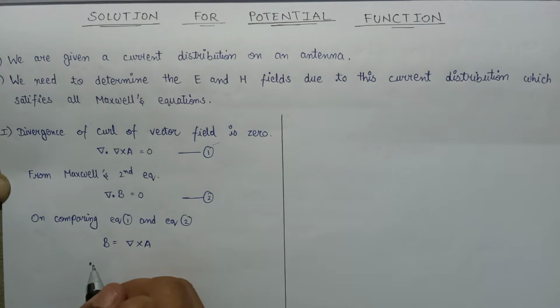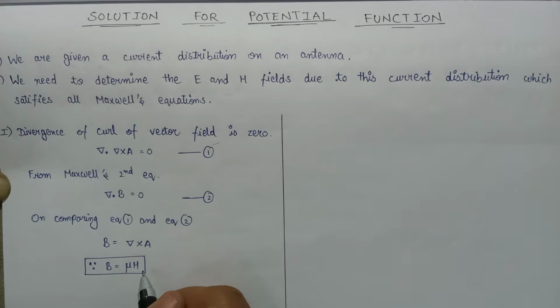And we also know that the value of B is nothing but the product of mu and H. So from this we can easily say that mu H will be equal to del cross A. This is our equation number 3.